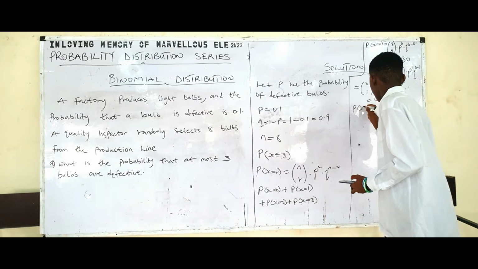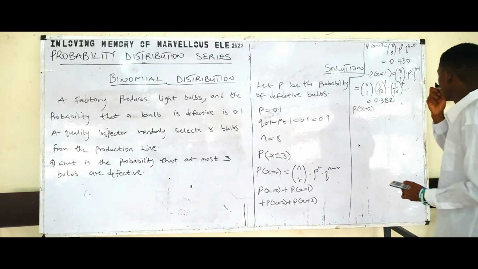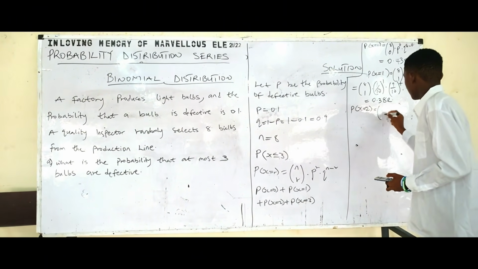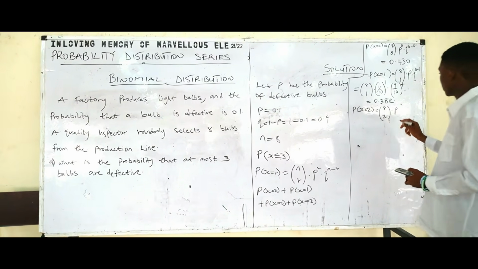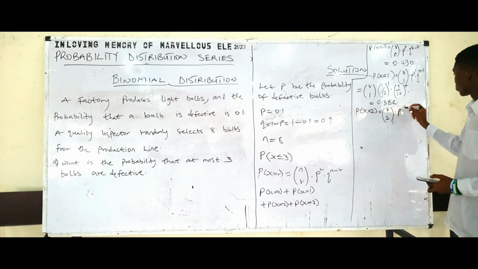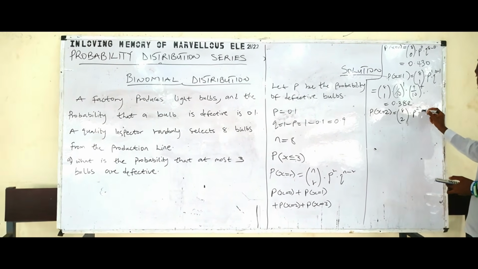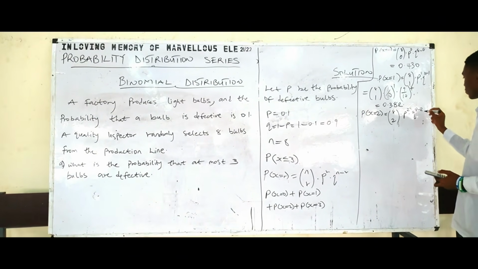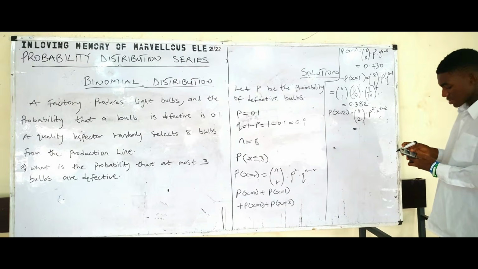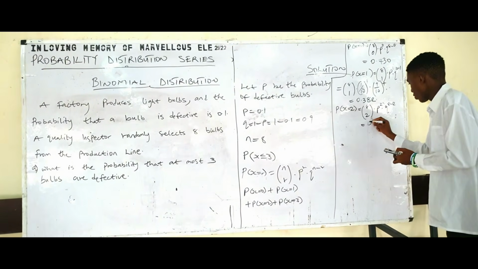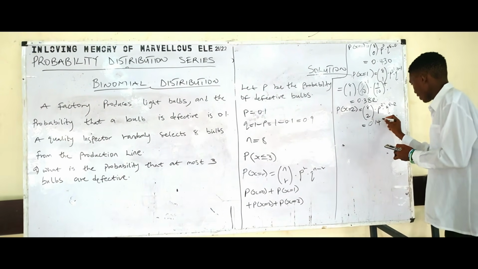Probability of x equals 2. The same formula: 8 combination 2 times p to the power 2 times q to the power 8 minus 2. Let's just punch this in directly. We get 0.149.